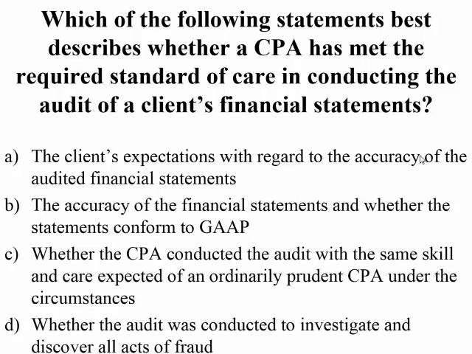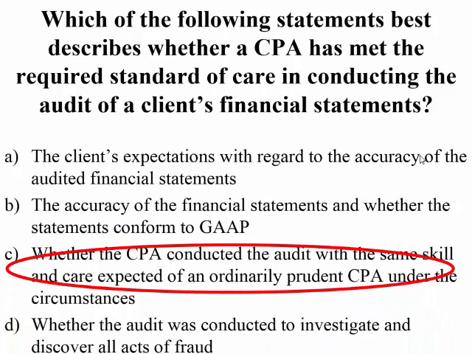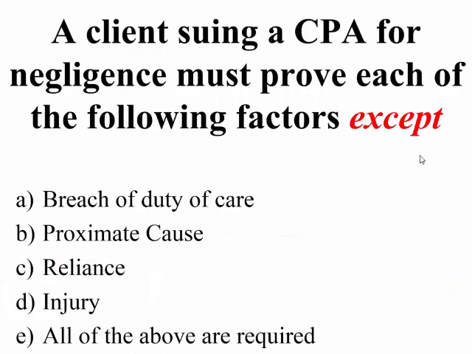Audits are not designed to detect all instances of fraud. They're designed to provide reasonable assurance that material acts of fraud are discovered. So the best answer is going to be C. Again, whether the auditor conducted the audit with the same skill and care that other CPAs would.